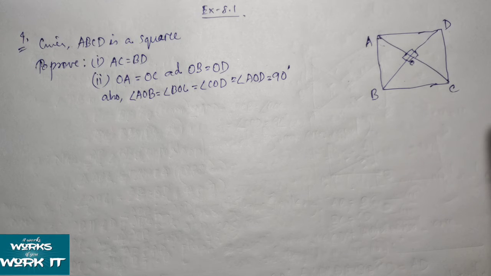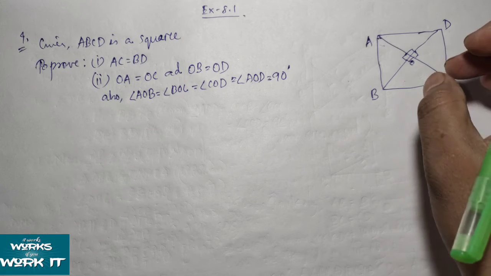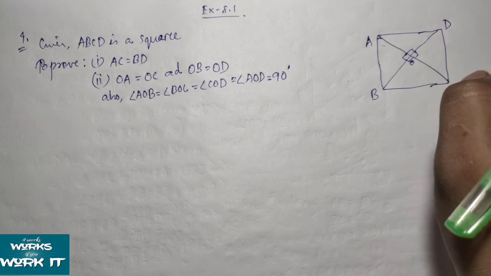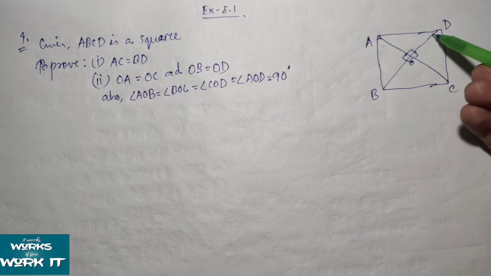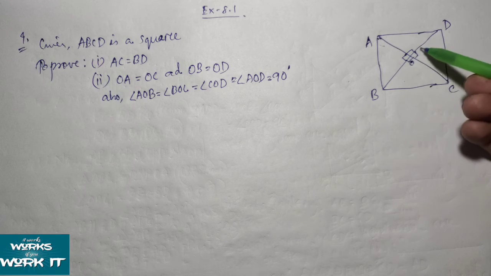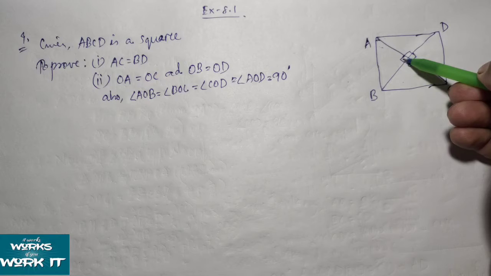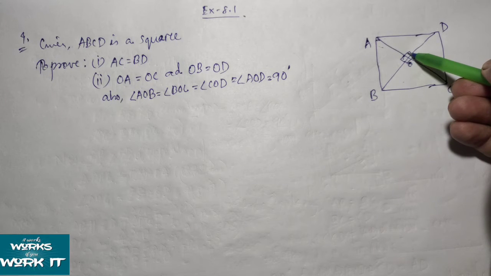After that, it will be clear that everyone is intersecting each other at 90 degrees, because if I imagine BD as a line, once this is 90 degrees, this will also be 90 degrees.